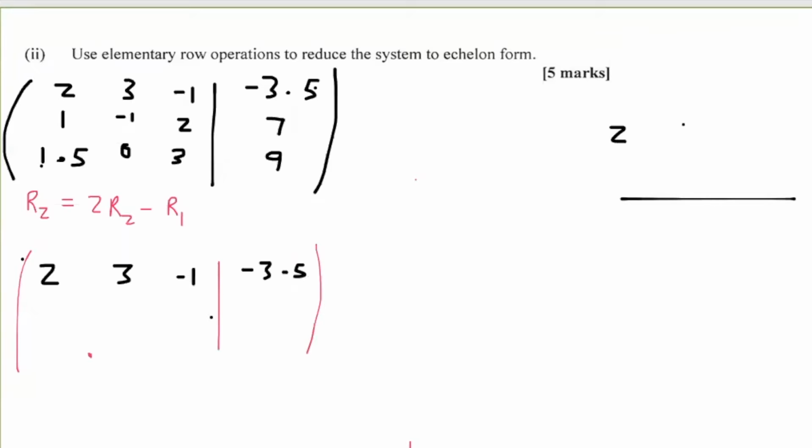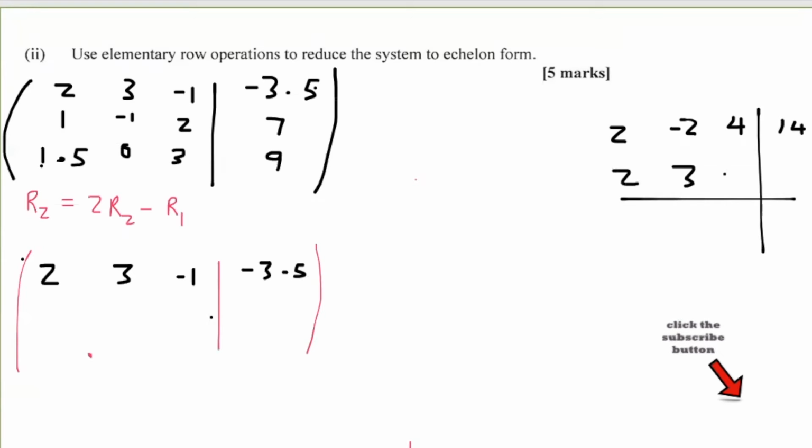Negative 1 times 2, that's minus 2. And 2 times 2, that's 4. And 2 times 7, that's 14. While row 1 remains as is. So I'll go ahead and write my row 1: 2, 3, minus 1, and minus 3.5.